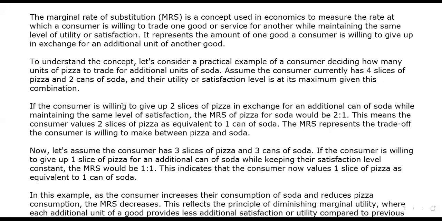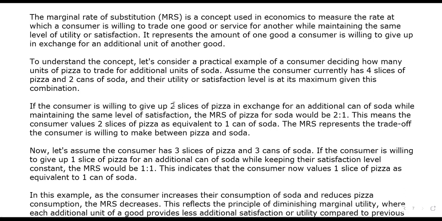So assume you are a consumer and currently have 4 slices of pizza and 2 cans of soda, and your satisfaction or utility is at the same level in that combination. So for you to get additional cans of soda, you need to give up 2 slices of pizza whilst maintaining the same level of satisfaction.